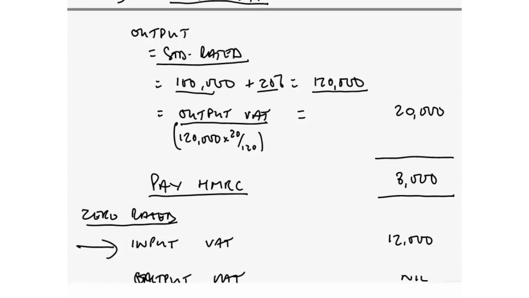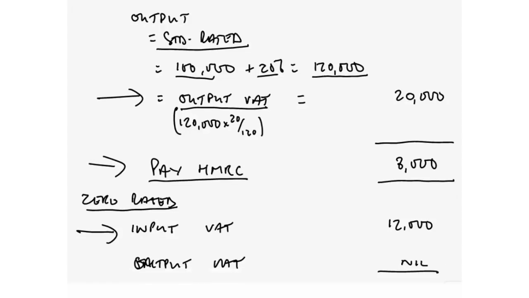We then have to see whether on the sales that we make as a business we have to account and charge for VAT. If we do, then we had output VAT here of 20,000. We charged more VAT on our sales than we suffered on our purchases and expenses. We owe to HMRC, it's not our money, it's their money, £8,000.